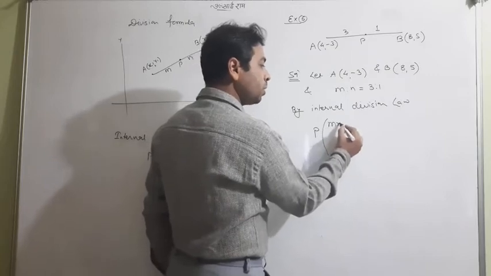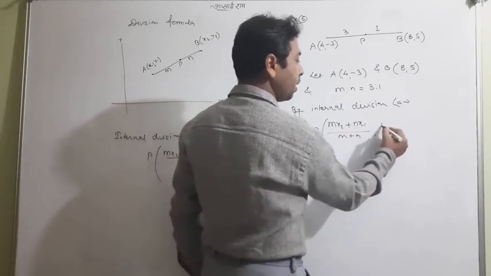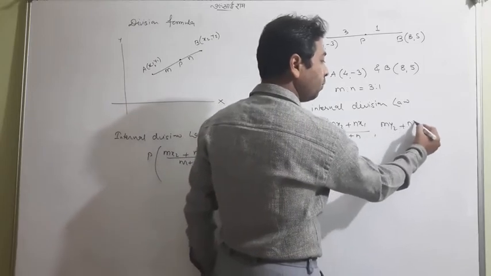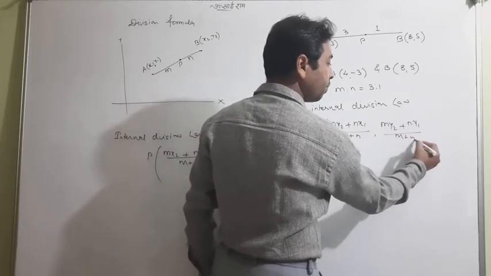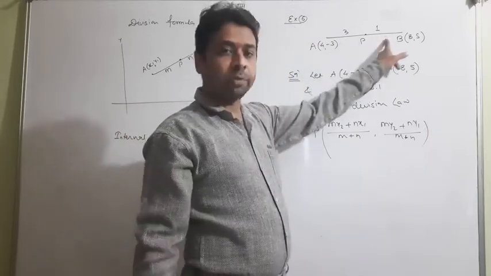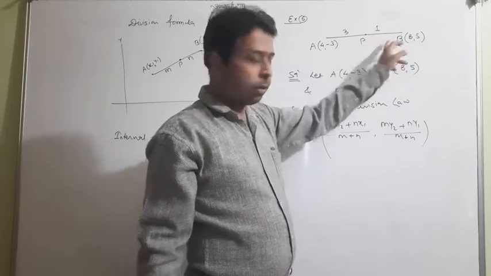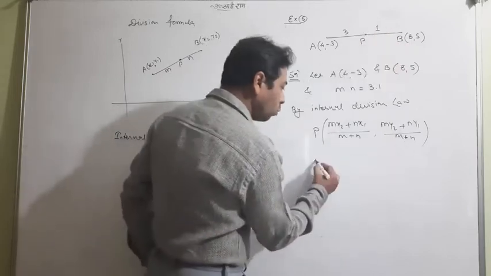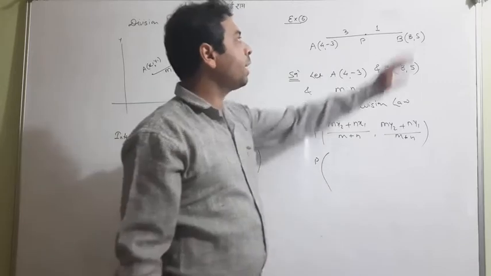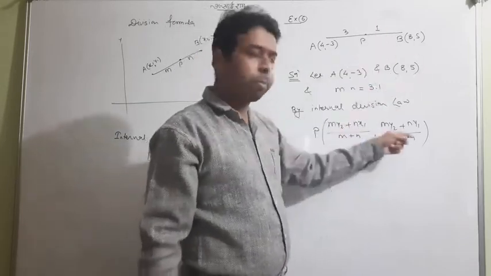The formula is (m x2 plus n x1 upon m plus n, comma m y2 plus n y1 upon m plus n). In your book m1 and m2 are given, so no worry about that. What you practice, I'm writing as m and n. Okay, this is the formula. Now go on. I always want you to see the picture for internal division and go on. You need not see the formula.